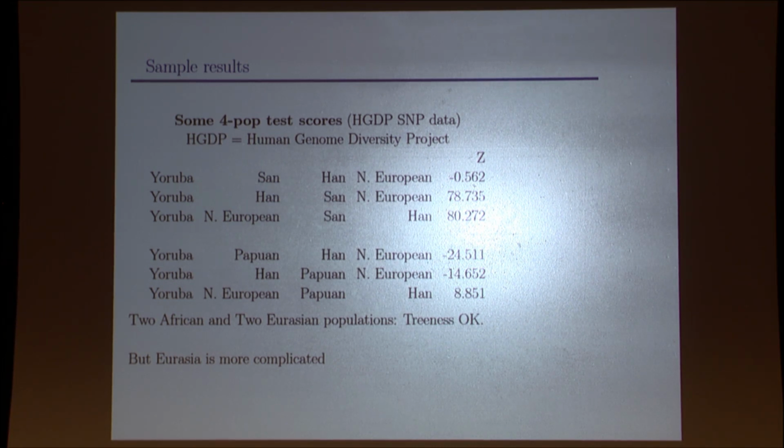And Michael mentioned in passing this phenomenon called LD, which really is that two places in the genome which are very close together don't operate independently. The reason is very simple: they share a genetic history, and unless you have a recombination event that separates the chromosome between those two alleles, they're going to share the same genetic history, and that introduces statistical dependence. And we see a great deal of that in humans.